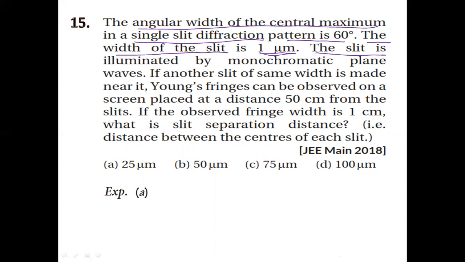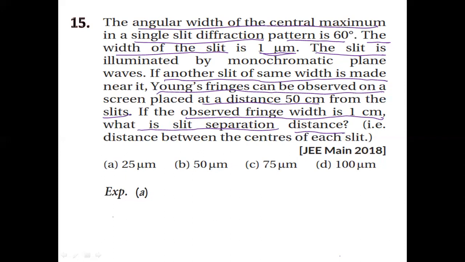If another slit of the same width is made near it, Young's fringes can be observed on a screen placed at a distance 50 centimeters, that is capital D, from the slits. Capital D is given. If the observed fringe width is 1 centimeter, what is the slit separation distance? That is, we need to find small d.